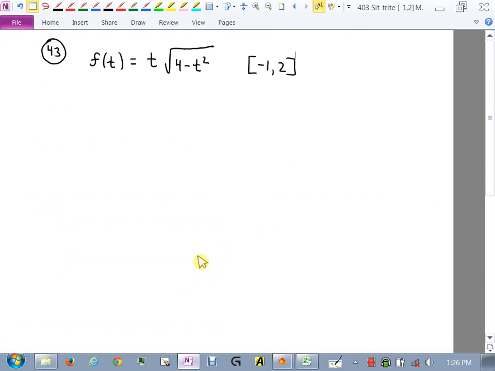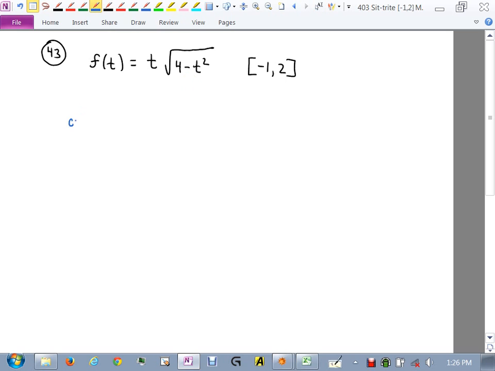And because this function is not continuous everywhere, we have to pay attention to that, because it's a square root, and there is a possibility that we could have a negative under that root. So let's first check, is this continuous or not? Well, all radical equations are continuous on their domains.